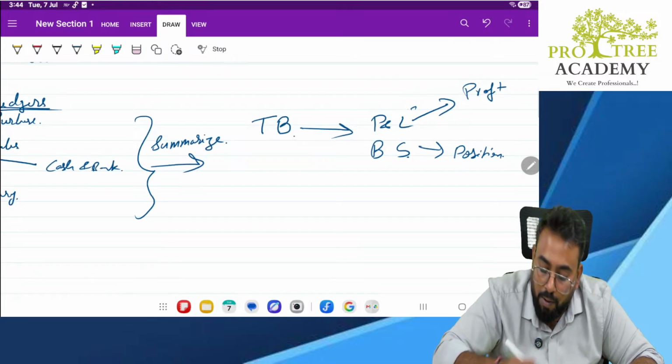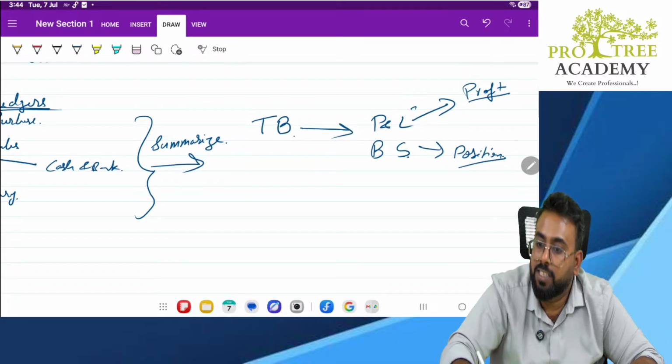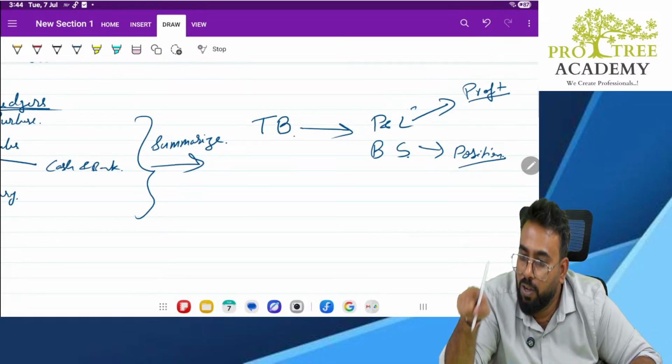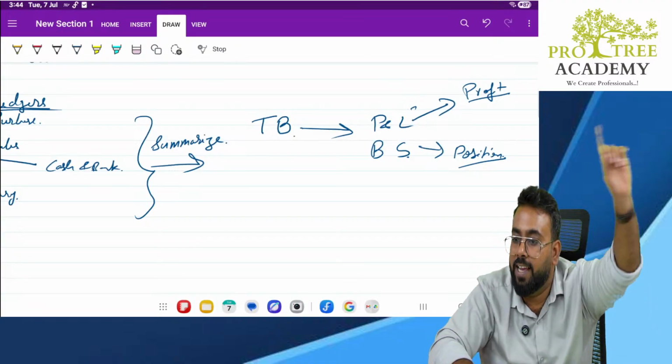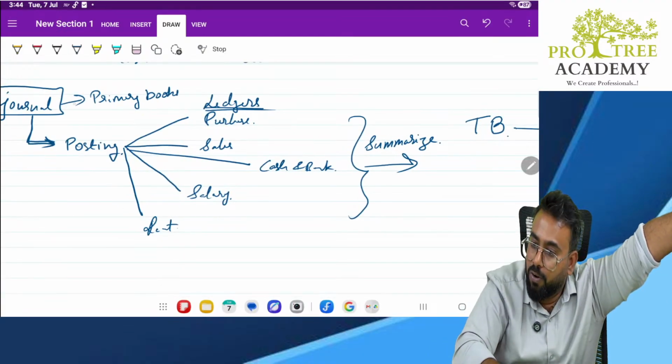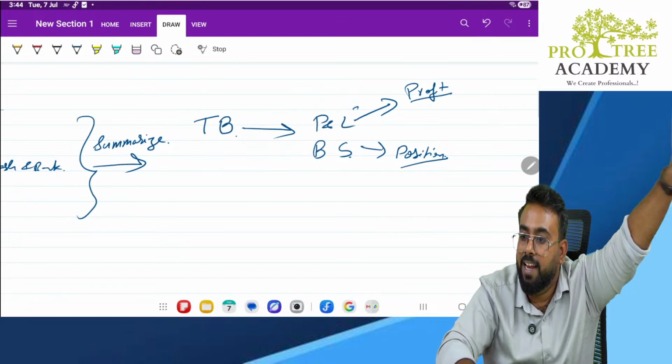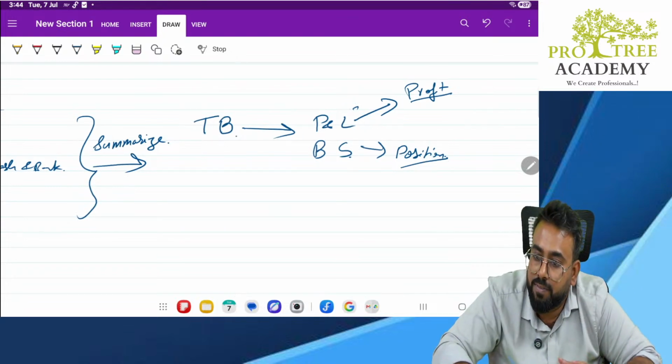Understanding? By looking at this, you will interpret the way your business is operating. Fulfill the entire definition: art of recording, classifying, summarizing and interpreting. Clear? Everybody is understanding? I hope, is it clear?